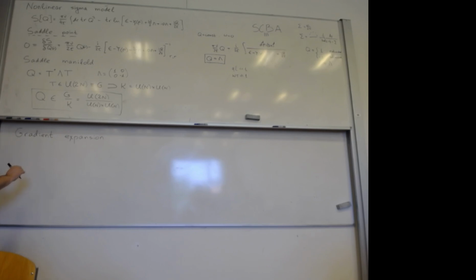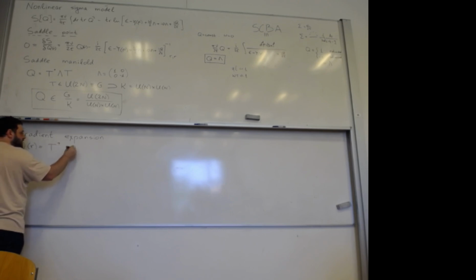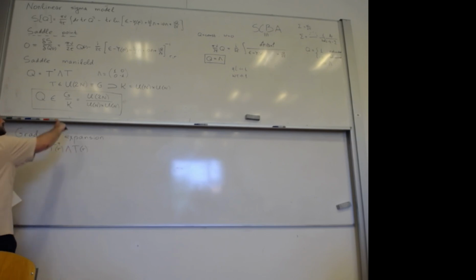Gradient expansion means the following. Now we will consider our matrix Q, which does depend on the position in space R. And at every point, it still remains inside the saddle manifold, which means that it's always T dagger lambda T, but this T now depends on R. And we will put this Q matrix in our action, and we will expand it in powers of the small parameters Q and omega, which is the gradient expansion.